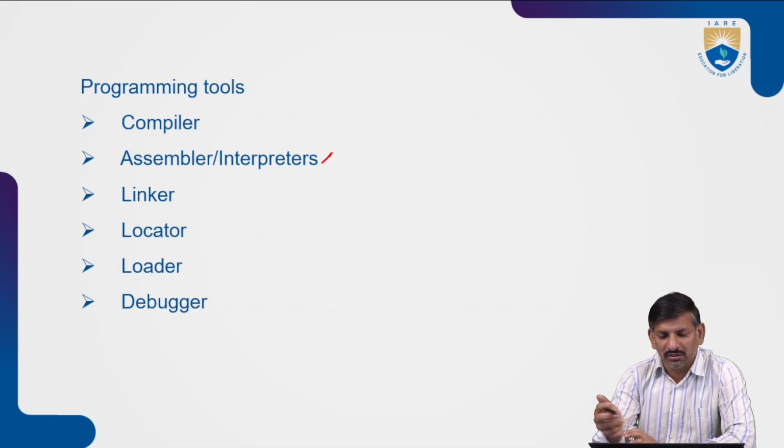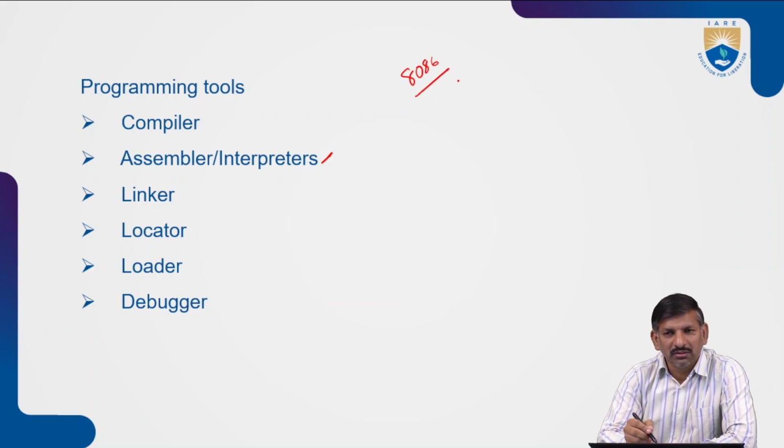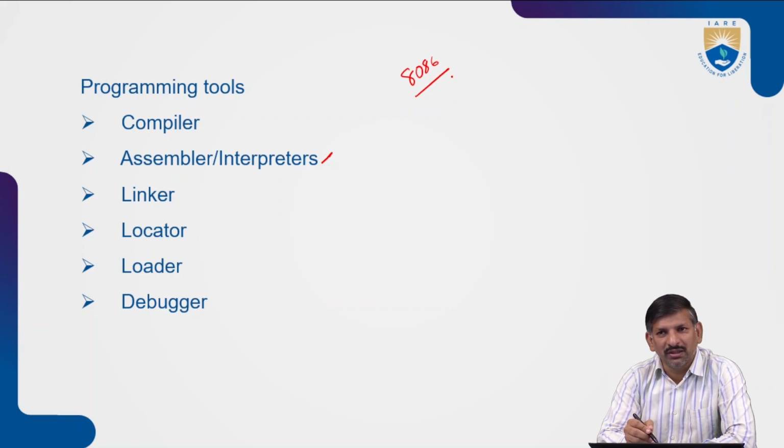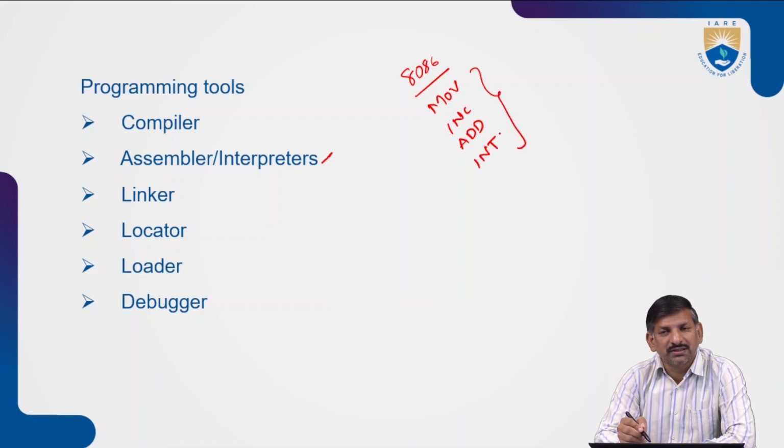Suppose I want to design applications on the 8086 microprocessor. In that, I use the 8086 assembler, and the mnemonics we use are MOV, INC, ADD, or INT for interrupts. These are the mnemonics we use for designing various applications.